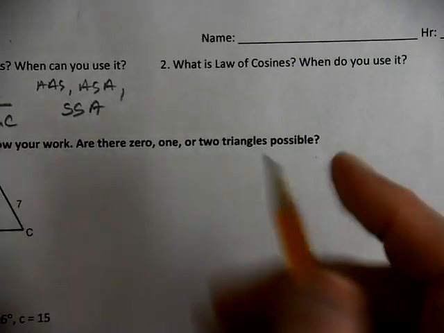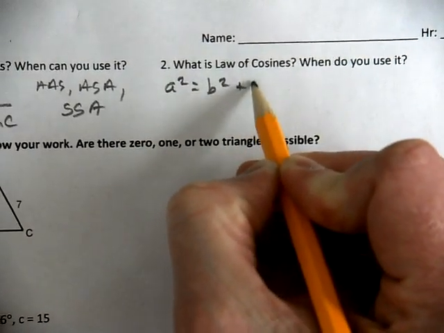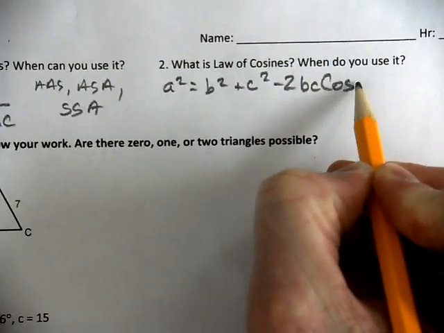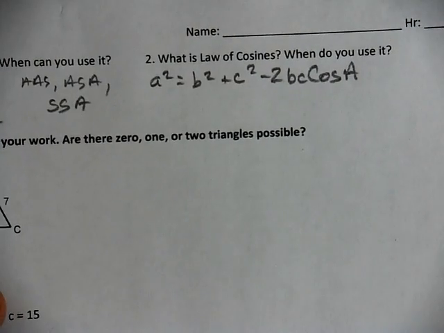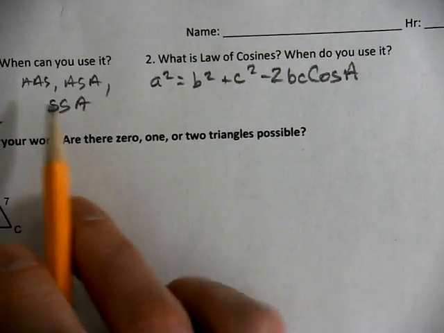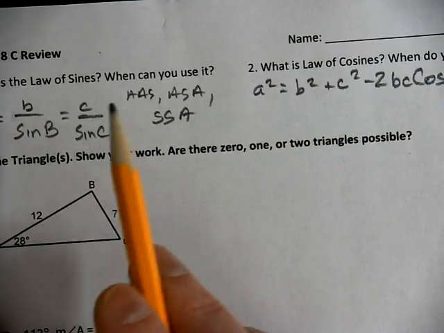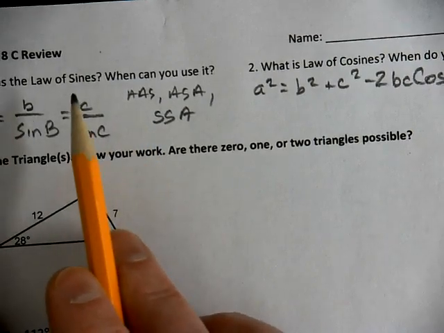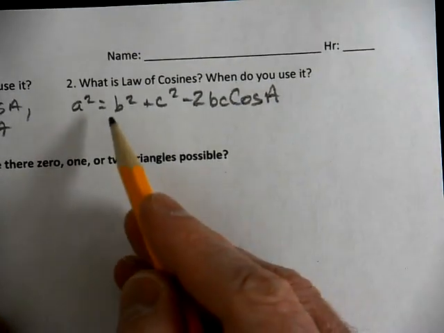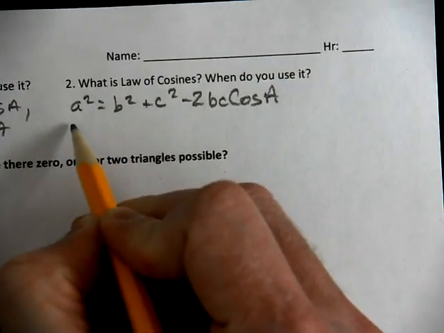Law of cosines, got three different versions of law of cosines. And it can be used primarily when law of sines doesn't work, when you don't have two bits of information from the same letter, when you don't have the angle and its opposite side. That's law of sines, the angle and the opposite side. For law of cosines, you don't have to have that situation.